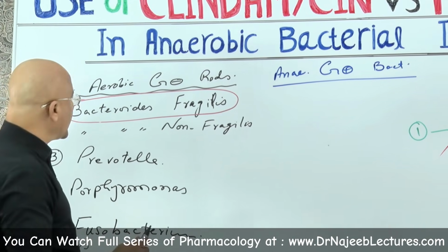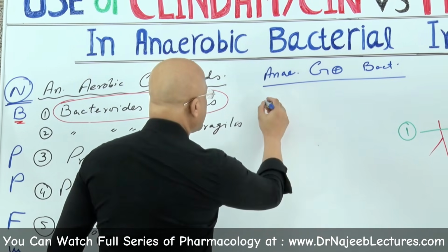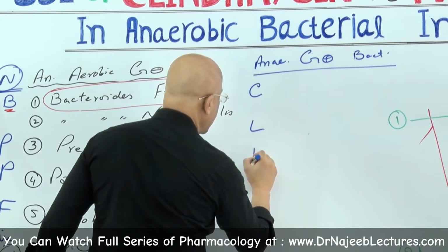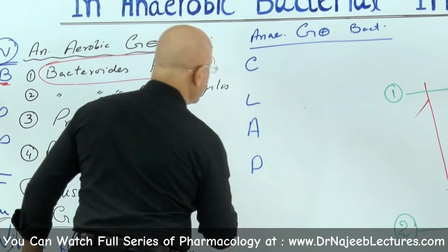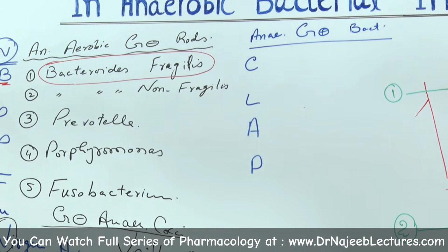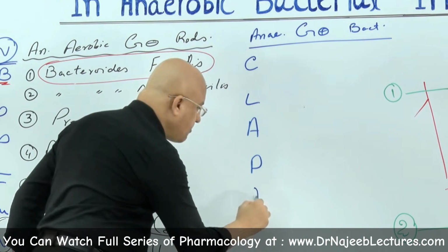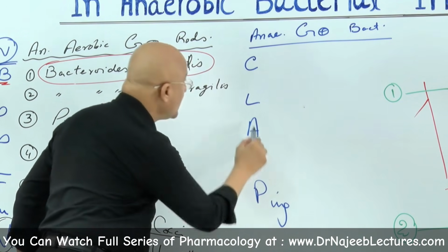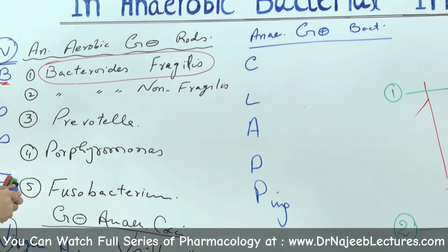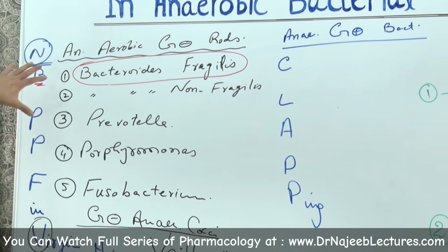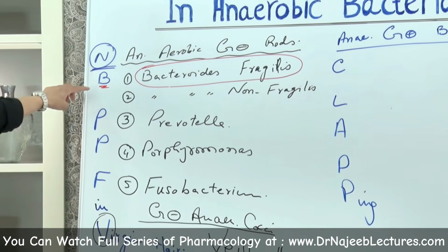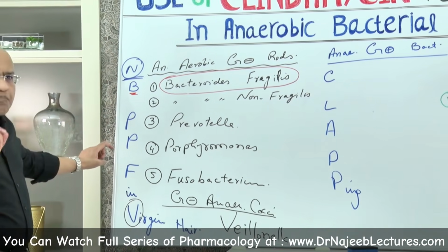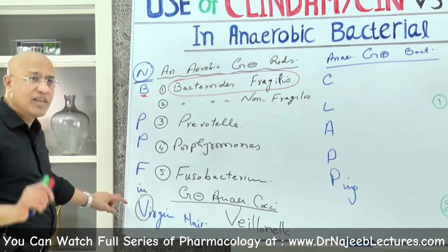Anaerobic gram-positive bacteria, you can remember from CLAPPING, C-L-A-P-P-I-N-G. What? In gram-negative, naughty boy places pink flower in virgin's hair.